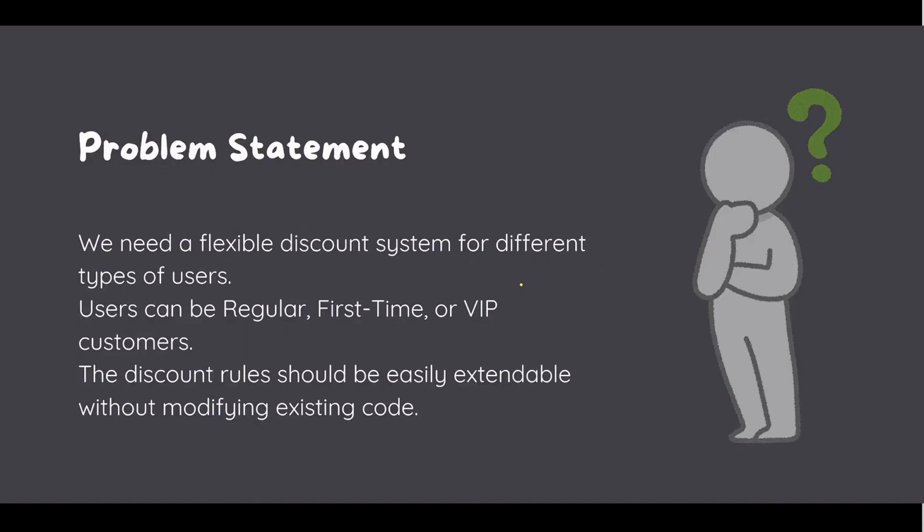So we'll go through a problem statement and its solution using the strategy pattern. On various e-commerce websites, we are provided with some offers or discounts. These offers can be of different types. For example, a regular offer, an offer for a user that is coming to shop for the first time, and for a user that is part of some membership, for example, VIP membership.